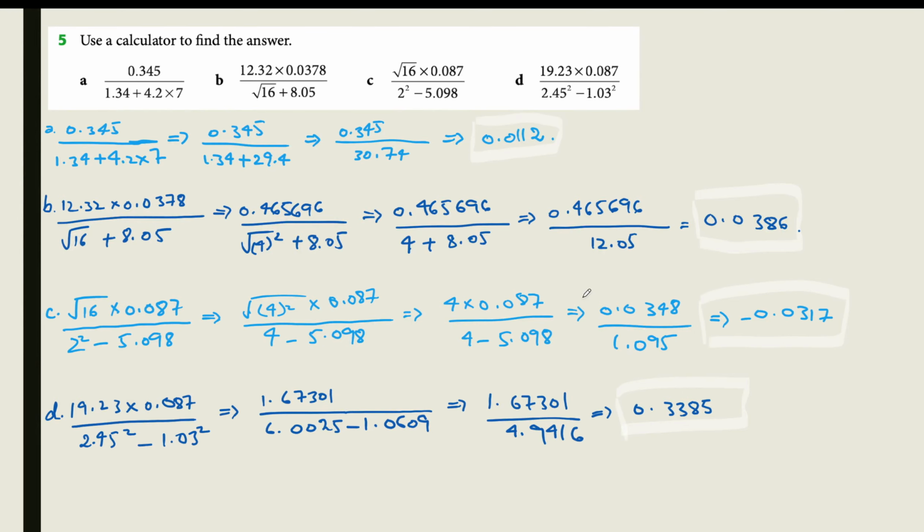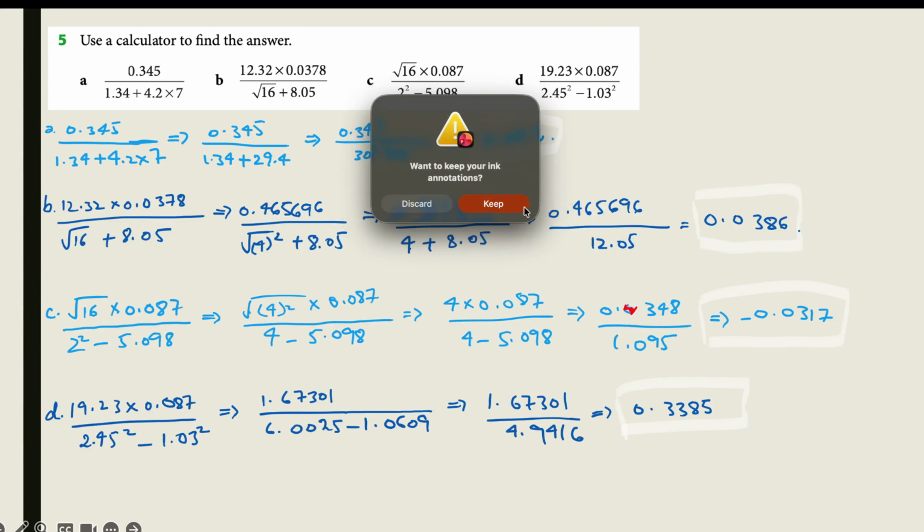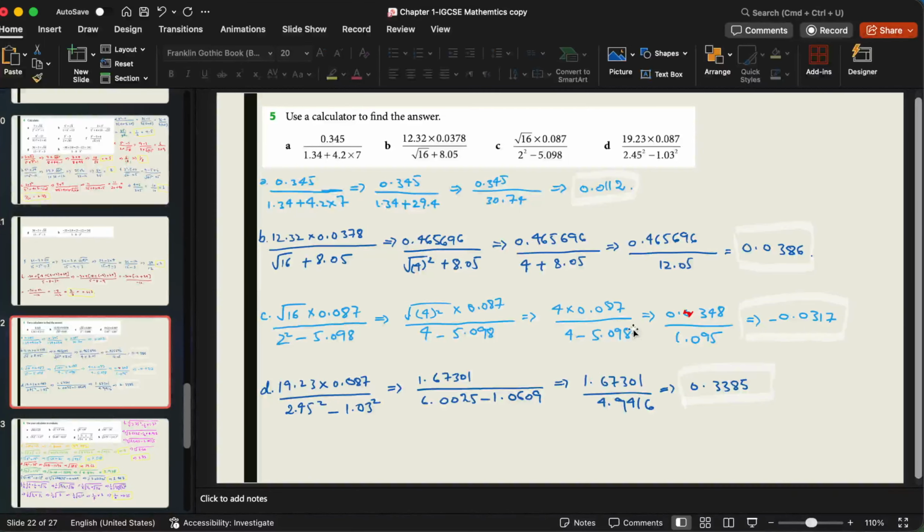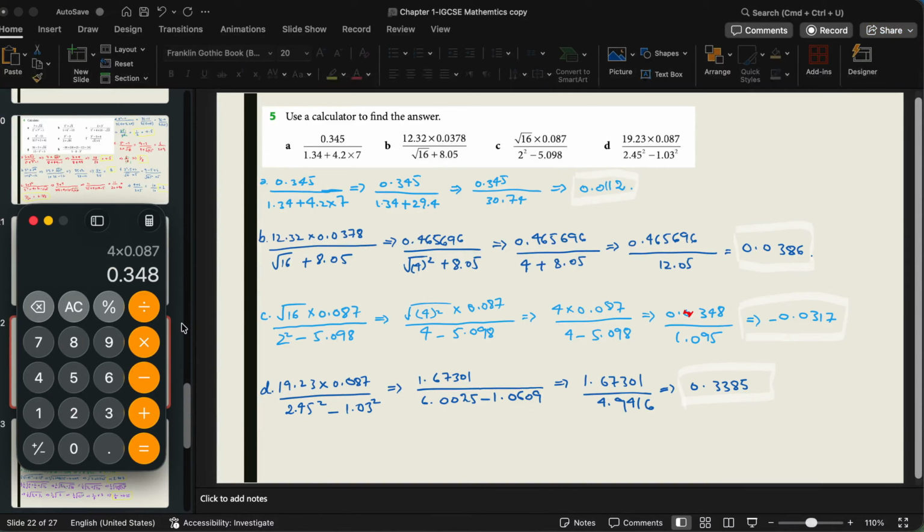We have 0.348 in the numerator, and in the denominator we have 4 minus 5.098, which is equal to minus 1.098.